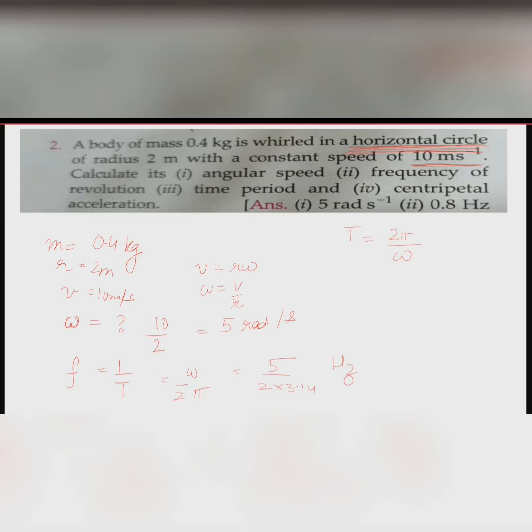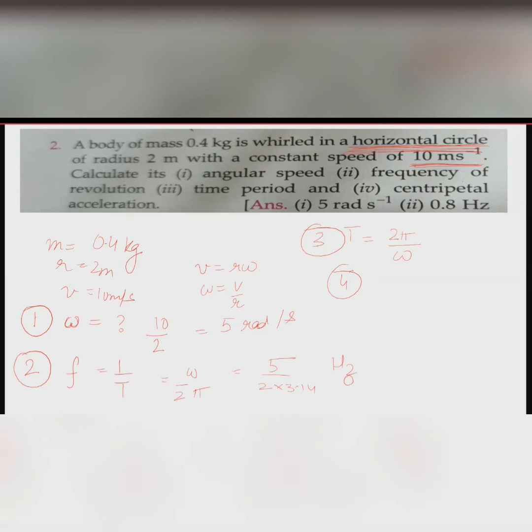Then the next part of the question says we have to calculate the centripetal acceleration. So 1 done, 2 done, angular, 3 is time period. Time period will come out as 1 upon frequency. 4th is centripetal acceleration.